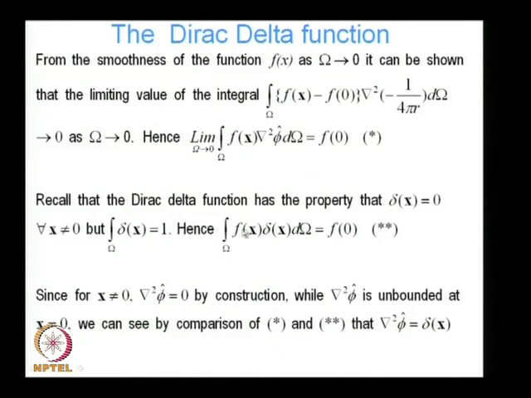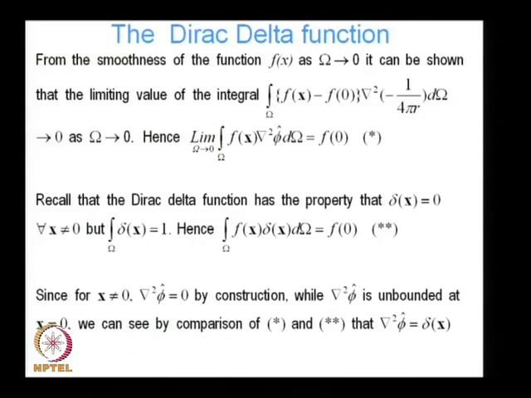Hence, if I have a function f of x and I have delta x, if I take the product and I integrate it over my domain, this product is going to be 0 everywhere except at the origin, right. At the origin, the value of delta x is undefined. The only thing that I know is that if I integrate delta x over the domain, I am going to get 1.